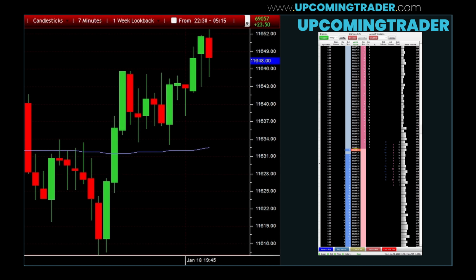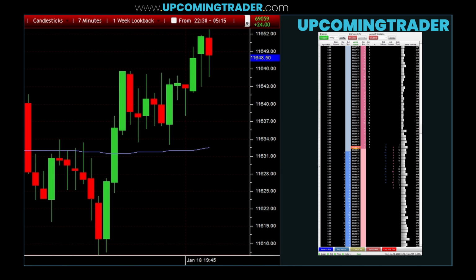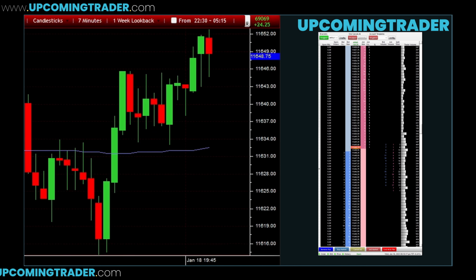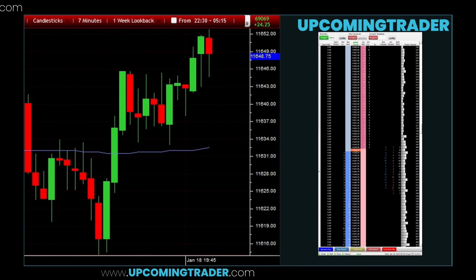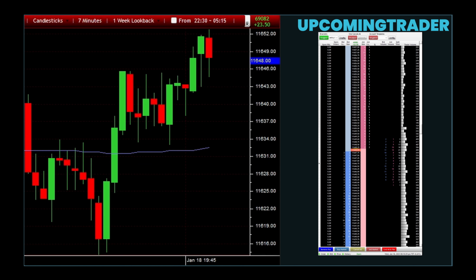In a rising wedge, the price makes higher highs and higher lows, but the range between these highs and lows is gradually narrowing. This tightening range shows that the upward momentum is losing steam. Volume generally decreases throughout the pattern, which further indicates that buyers are starting to lose interest.